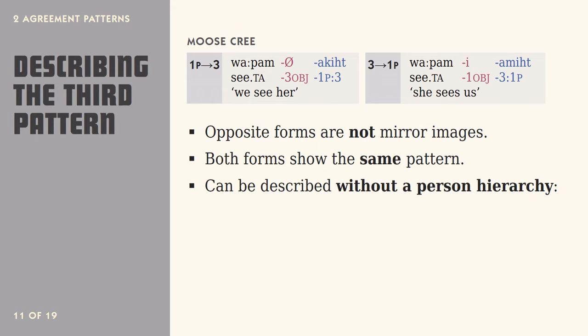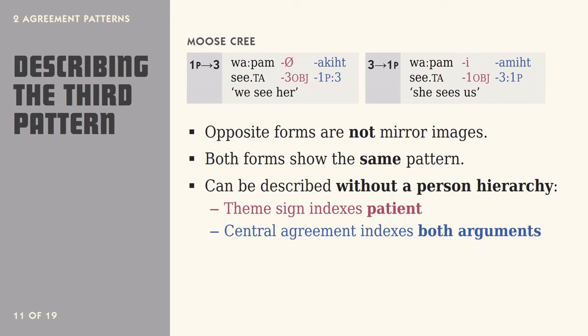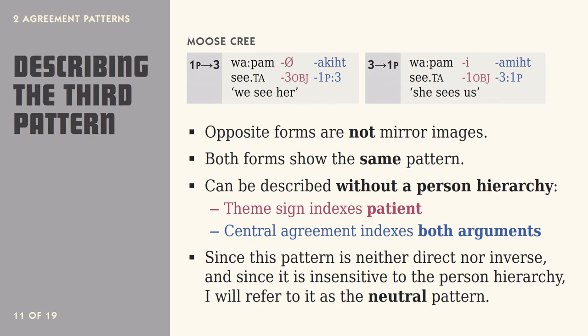All we need to say is that the theme sign indexes the patient, third person and first person, and the central agreement indexes both arguments, first on third and third on first. Since this pattern is neither direct nor inverse, and since it's not sensitive to the person hierarchy, I'm going to refer to it as the neutral pattern.